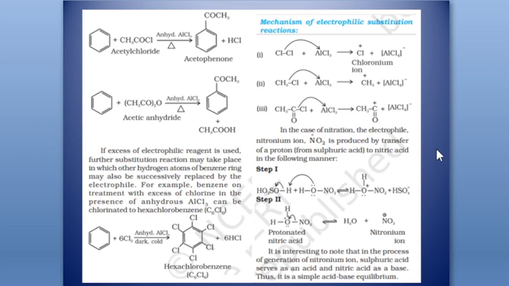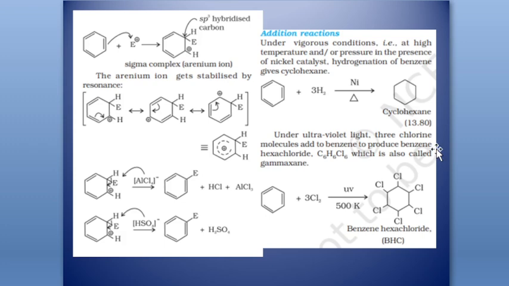If we take 6 moles of Cl2 in presence of AlCl3 in dark cold condition with benzene, it will form benzene hexachloride. The mechanism of electrophilic reaction is given here. The electrophile will attack the benzene ring like that.